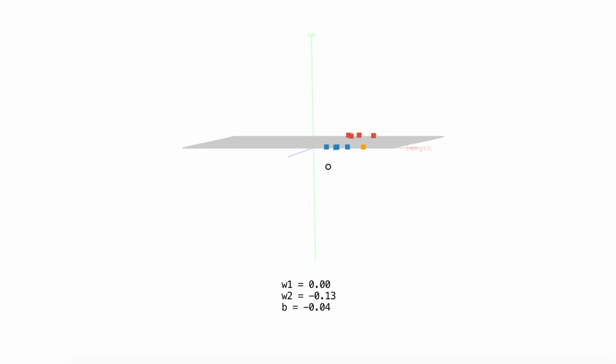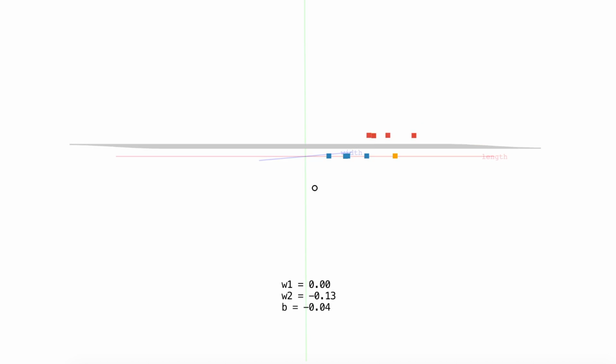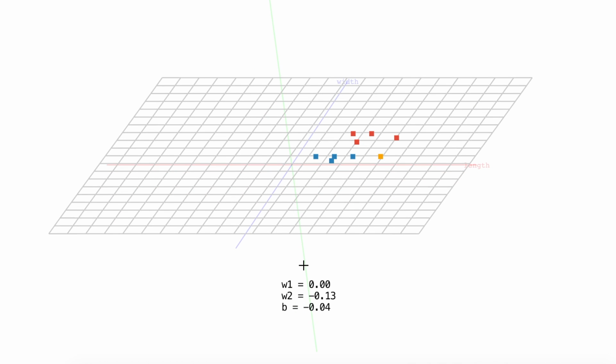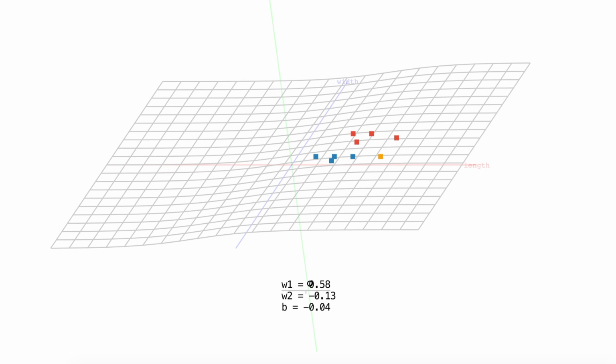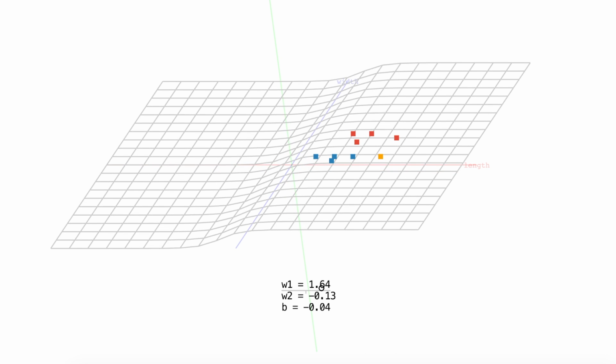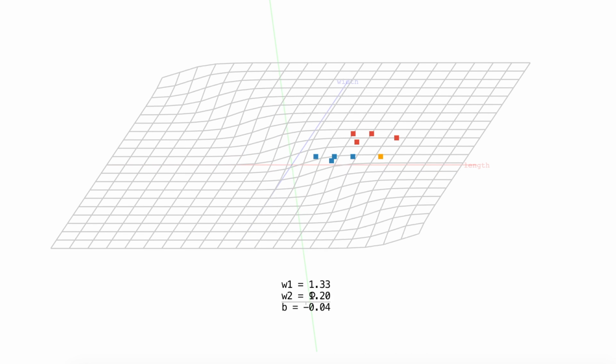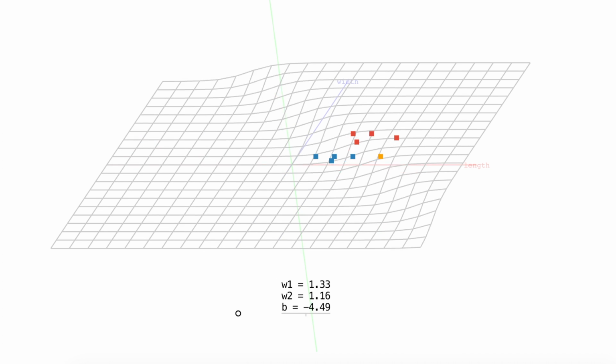We want the network's output to be low for these blue points and high for these red points. So I think we're going to need 2 positive weights. So we'll make W1 positive, W2 positive. And then we can shift this back and forth with B.